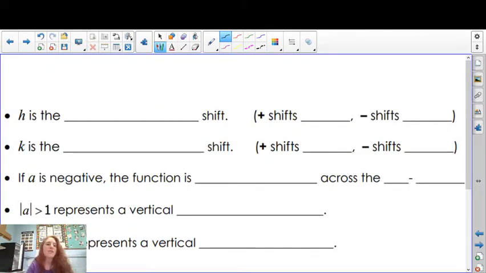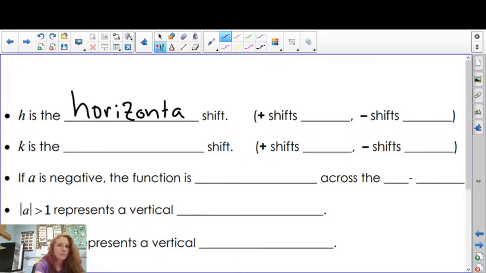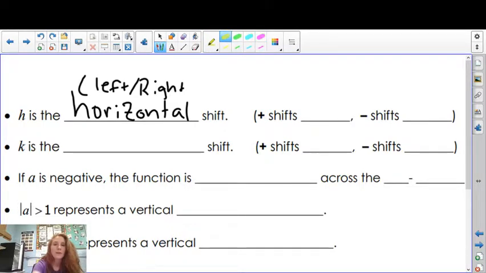All right, h is called the horizontal shift. Horizontal means left and right. This is a big key point here, guys.